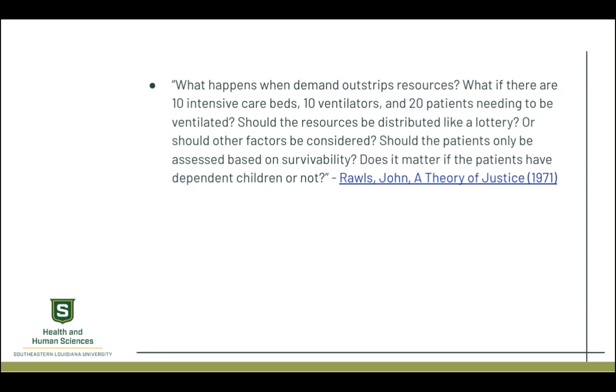If you throw a coin in the air, if it's heads, you get the ventilator. If it's tails, you don't. Or do you have other factors that you need to consider? An example would be who is likely going to survive if we give them the ventilator, which is something that happens a lot in considering who gets organ donation. And also having questions like, does it matter if the patients have young children or not? Those are questions that do come up when you are making decisions about distributive justice.